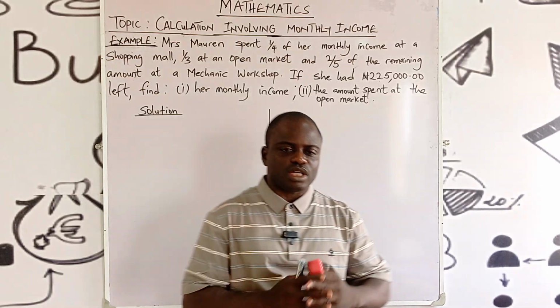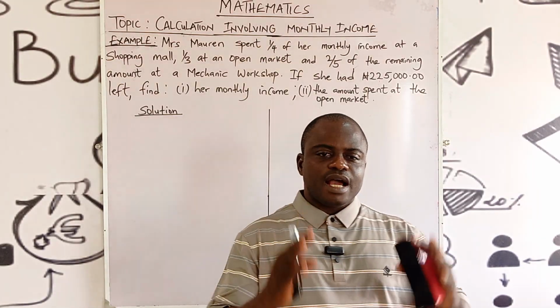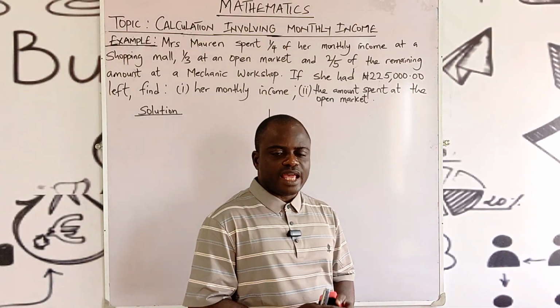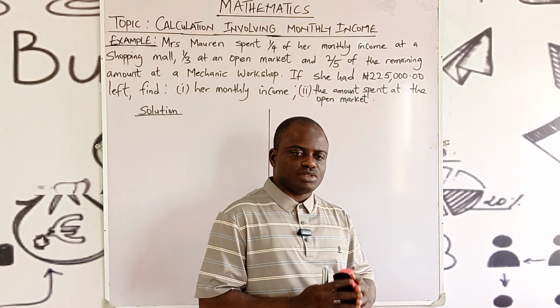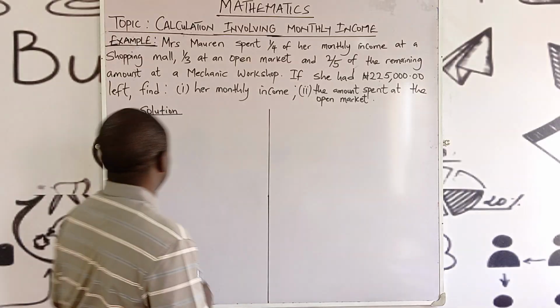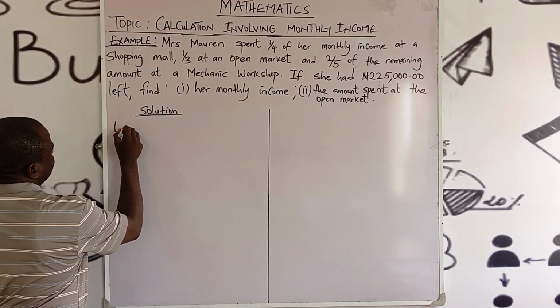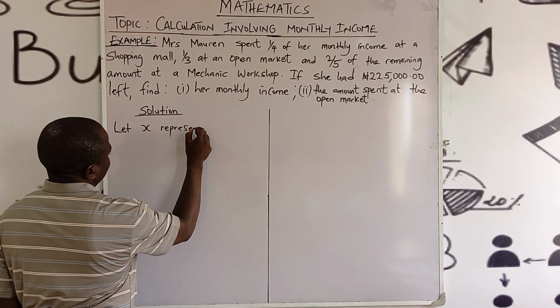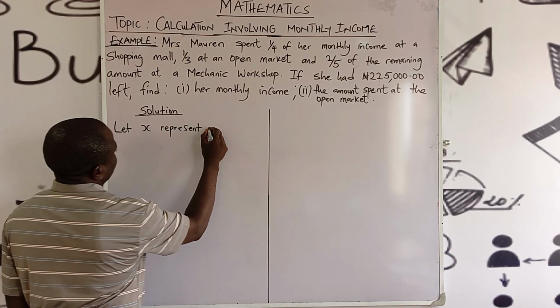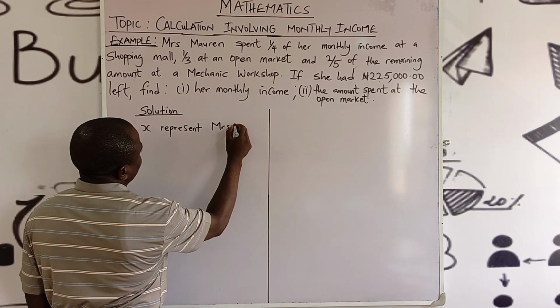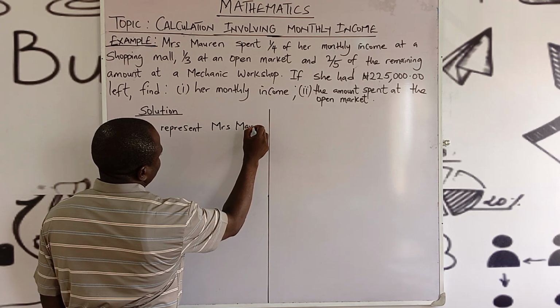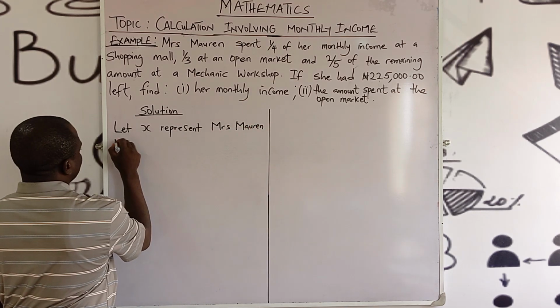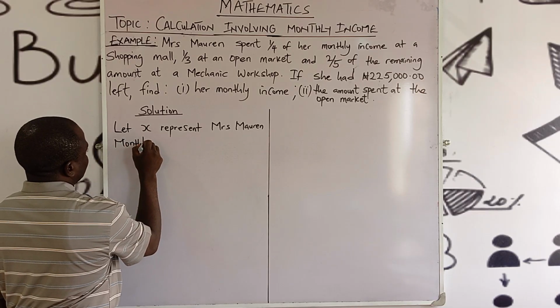We're going to use a letter to represent the monthly income. Let X represent Mrs. Moraine's monthly income.